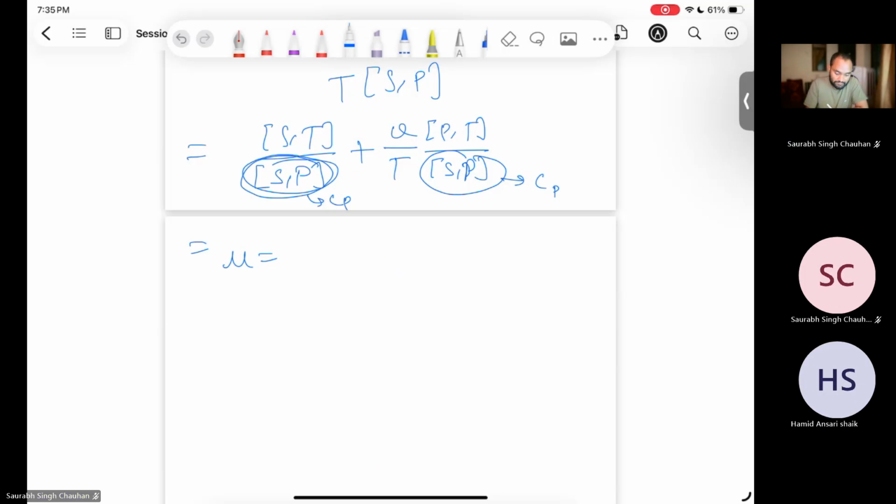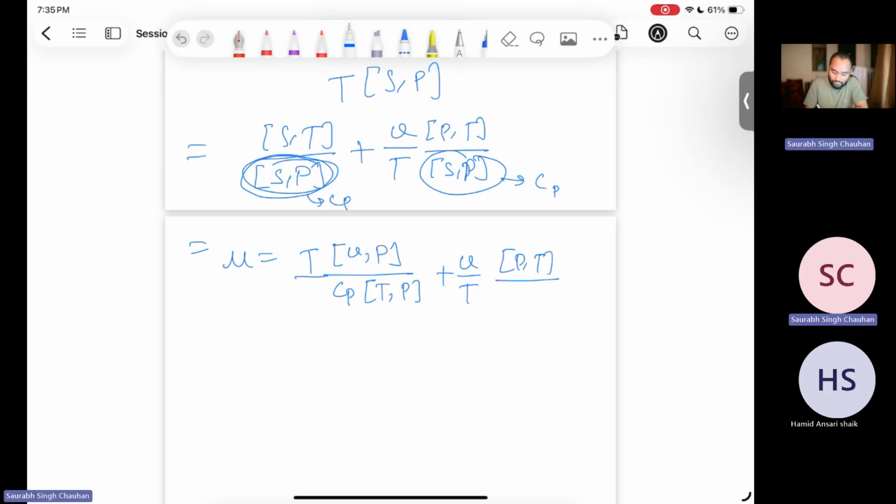So S comma T will become V comma P from the Maxwell equation, divided by S comma P. So it will be Cp and T comma P divided by T, plus V by T, and this P comma T is P comma T, fine.